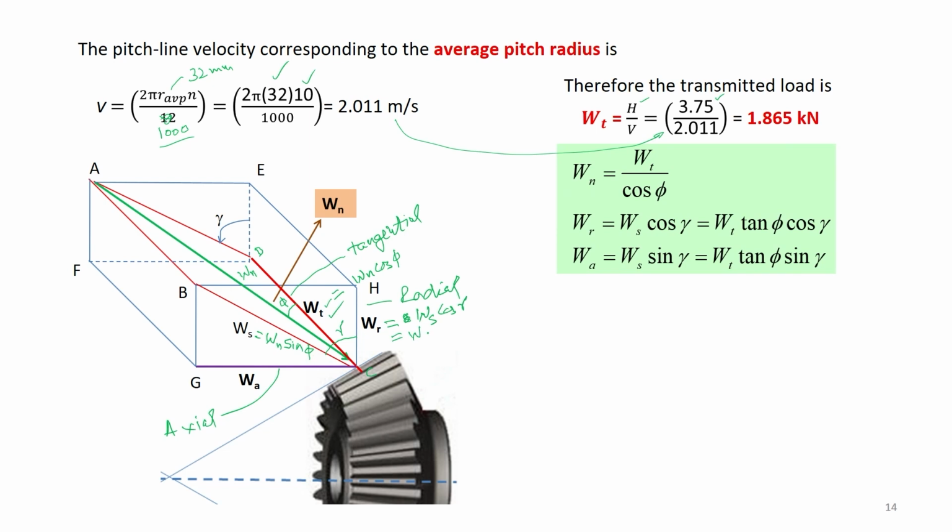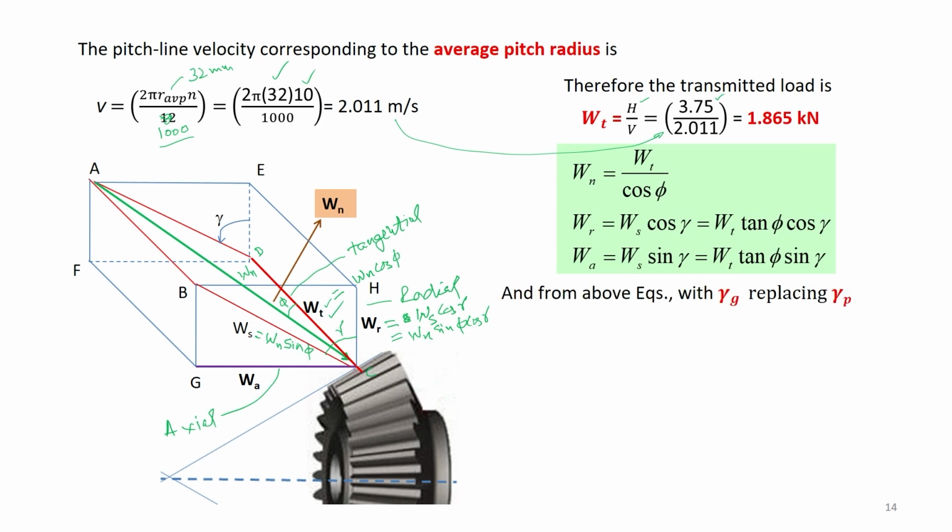So, Wr is Wn sin phi cos gamma. Substituting Wn in terms of Wt, we get Wr as Wt tan phi cos gamma, and the axial load similarly can be obtained as Ws sin gamma, which is equal to Wt tan phi sin gamma.